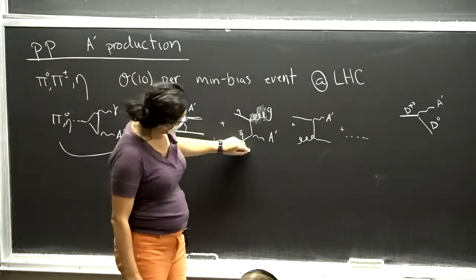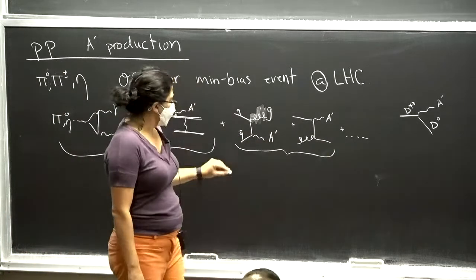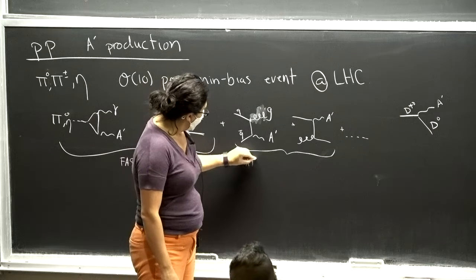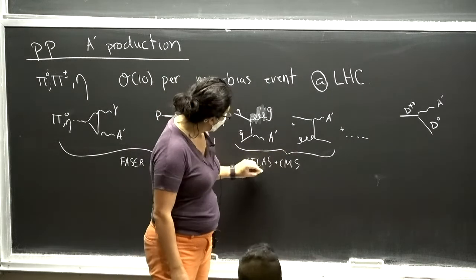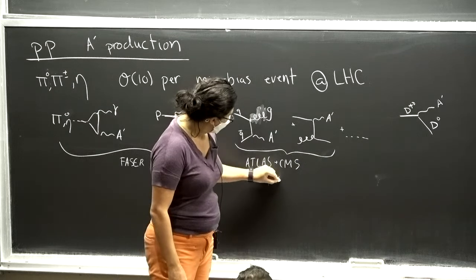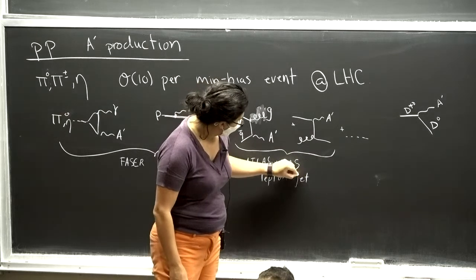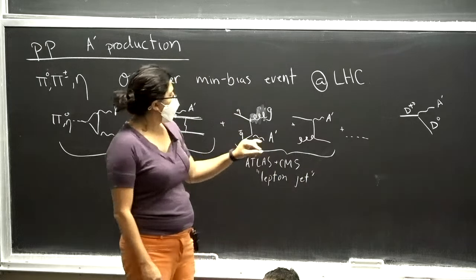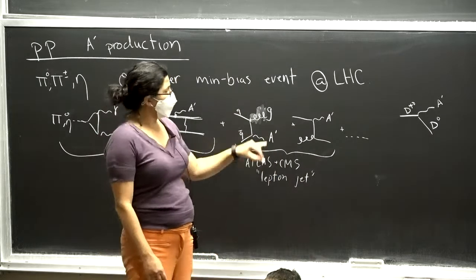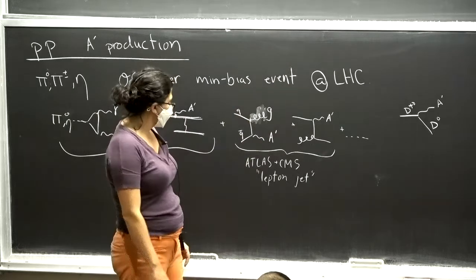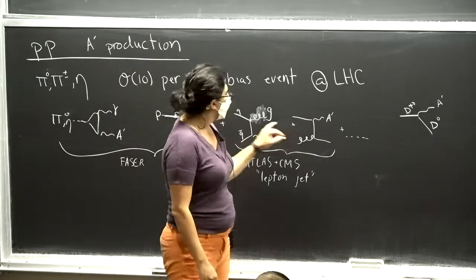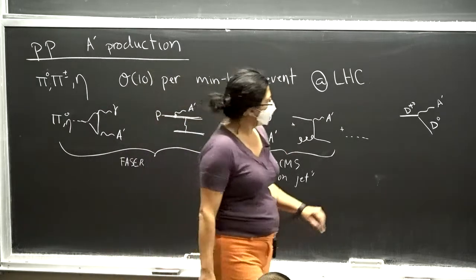These Drell-Yans, like I said, are hard to calculate at low pT, but ATLAS and CMS have done some lepton jet searches where they're looking at higher pT production of a dark photon that leads to some very collimated e+ e- pairs that are isolated from everything else. And these tend to be the processes relevant for that.